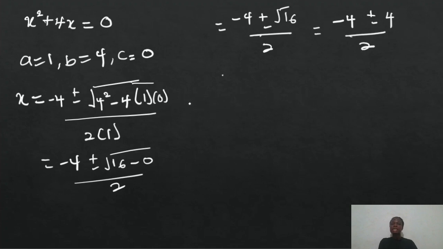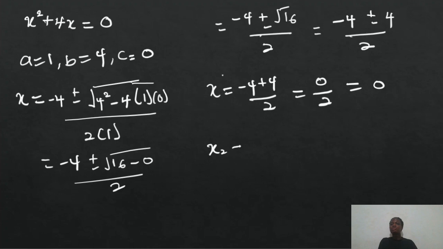So x is equal to negative 4 plus 4 over 2, which gives us 0 over 2, which is 0. And x2 is negative 4 minus 4 all over 2, which is negative 8 over 2, giving us negative 4.